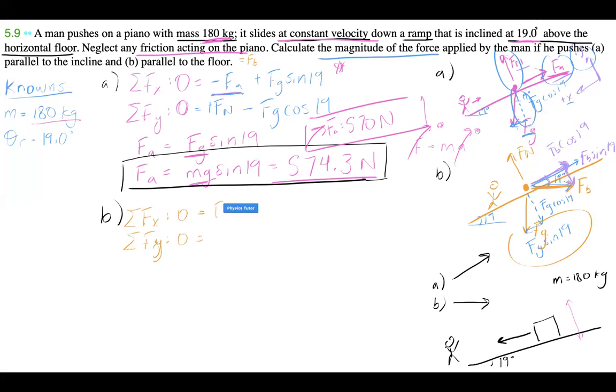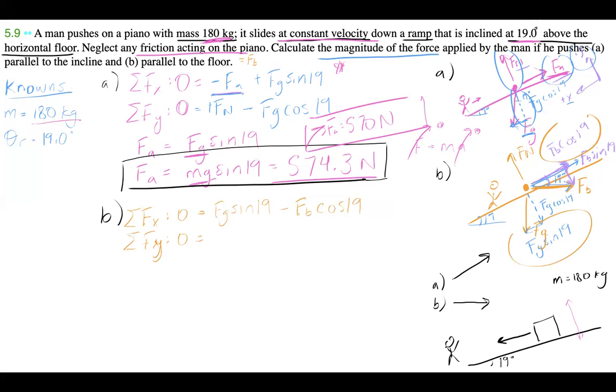Right, so FG sine 19, and then we have FB cos 19 in the opposite direction. So minus FB cos 19.